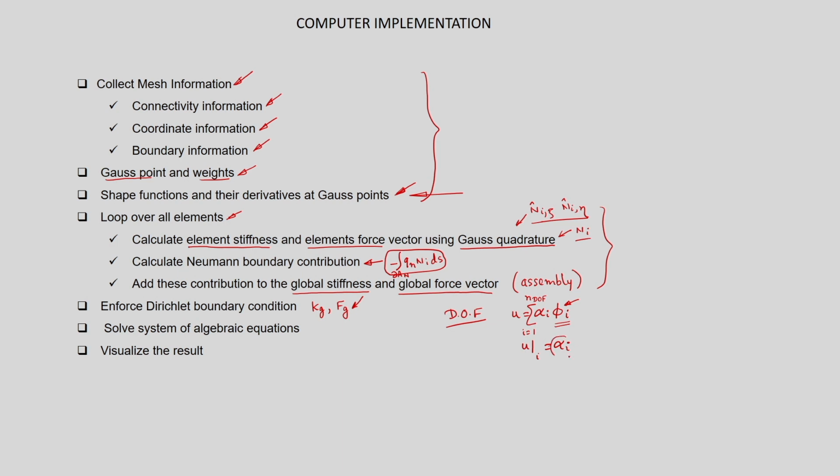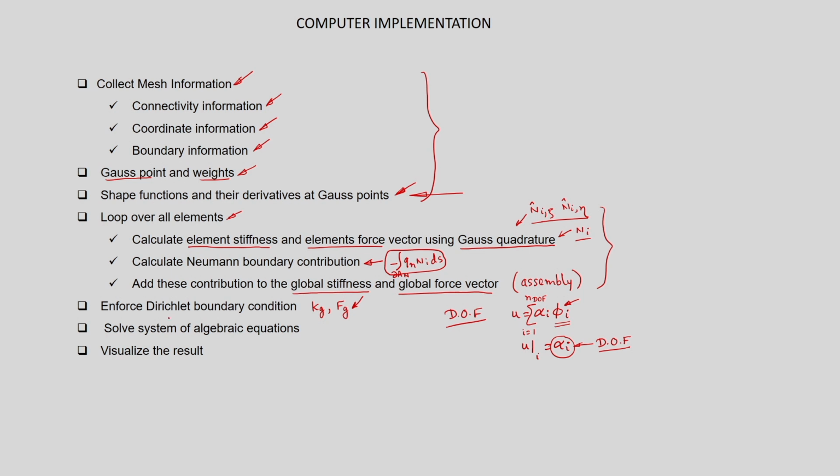So, this alpha I represents the value of the unknown at that particular node. This is what is called the DOF. In the present case, alpha I denotes the temperature at that point. So, we have only one unknown, that is the temperature in this particular problem.